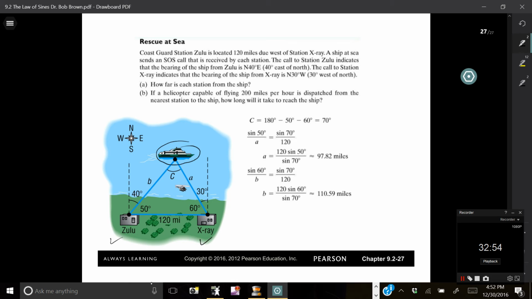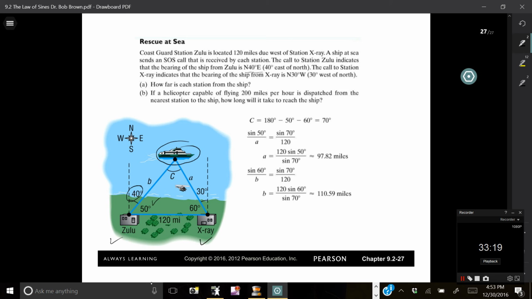And taking a bearing, they find out that the bearing of the ship from Zulu is north 40 degrees east. So we have an angle here at 40 degrees. Looking at this triangle we've constructed, this angle would be 50 degrees.